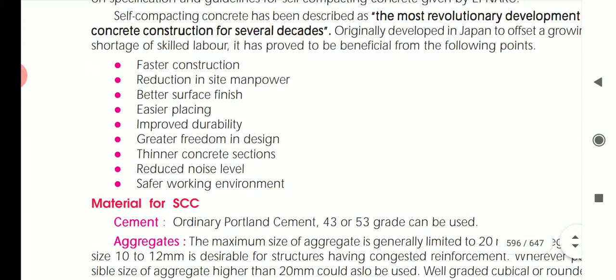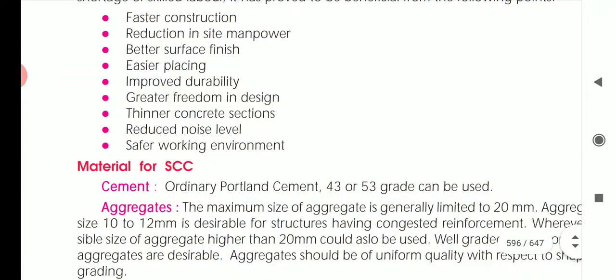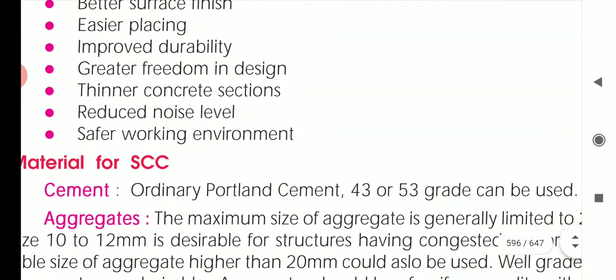The compacting noise will not occur, so the reduced noise level and the self-working environment. Yes, right. No manpower is required. It is self-working. So the self-working environment.